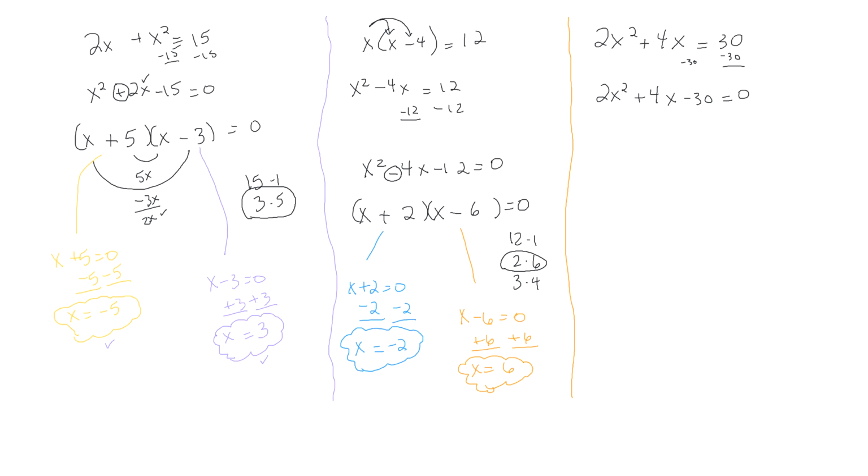Okay, this, I can take a 2 out of the whole thing and leave me with x squared plus 2x minus 15, which will be easier to factor because my leading coefficient is this invisible 1.